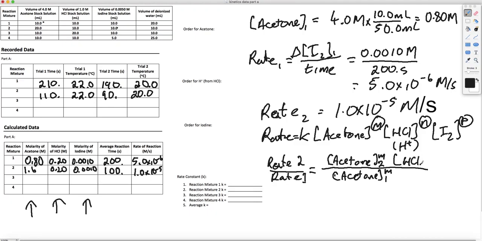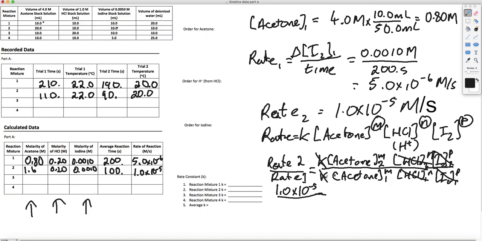Then we've got the HCl 2 to the N, HCl 1 to the N, I2 to the P, and that's 2, I2 1 to the P. Now these are going to be the same for the HCl and the I2, so you can see that those are going to end up cancelling. The K's here, of course, will cancel too. So what we're left with is what we've got over here. So I'm going to go ahead and substitute those in, and you'll see why we did rate 2 over rate 1 in a second rather than rate 1 over rate 2.